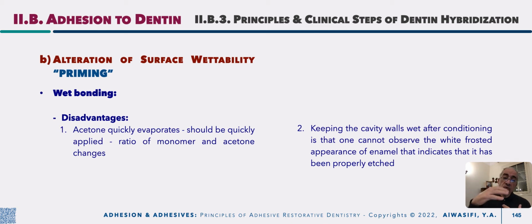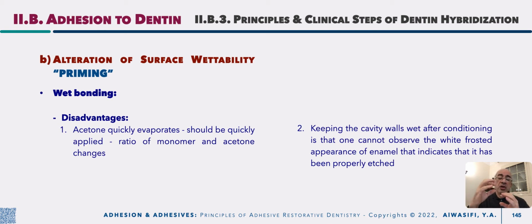The second coat will have a fresh solvent, which is acetone or ethanol, that will dissolve the first coat again, which allows it to flow down to the uncovered collagen, and the second coat will replace the first one, and the first one will go down.